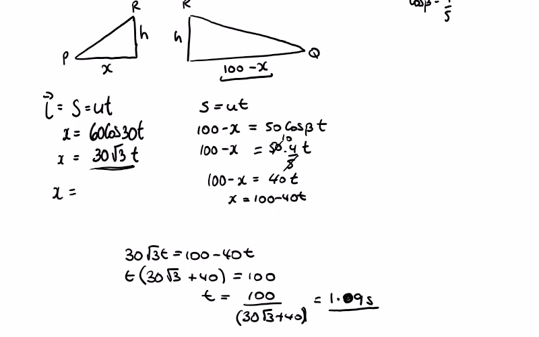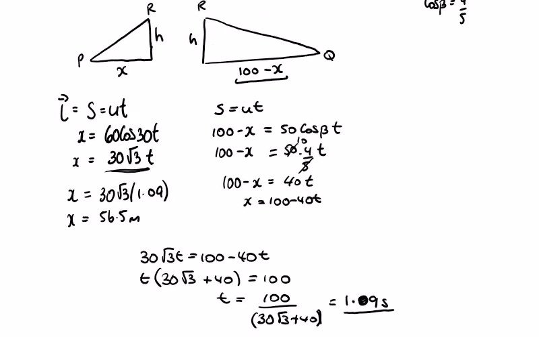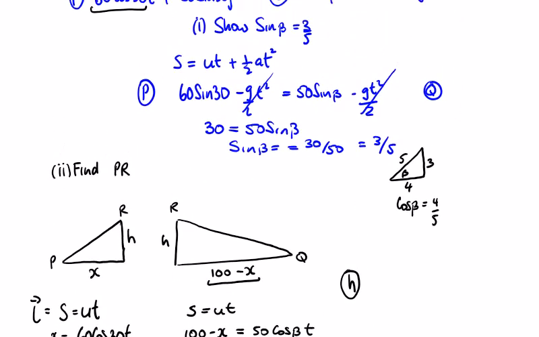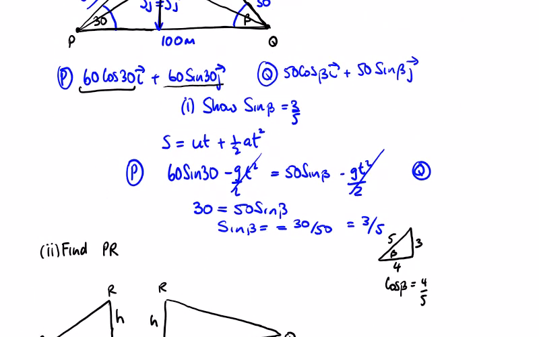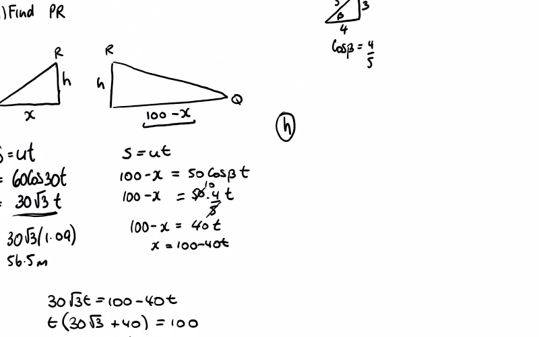So let's get X. X is equal to 30 root 3 by 1.09. Typing this into a calculator, we're going to get 56.5, and we're dealing in meters here. So now we want to get H. H is the distance in the J direction. So if we take the initial velocity in the J direction, 60 sine 30, S in J is equal to UT plus a half AT squared.